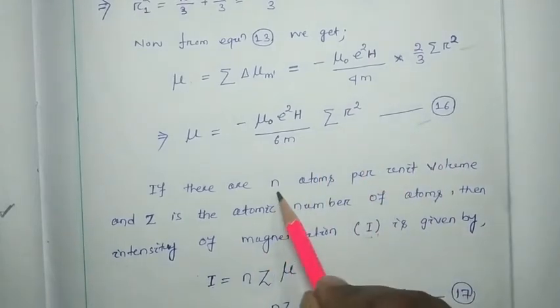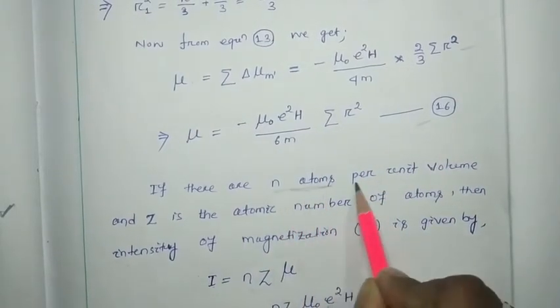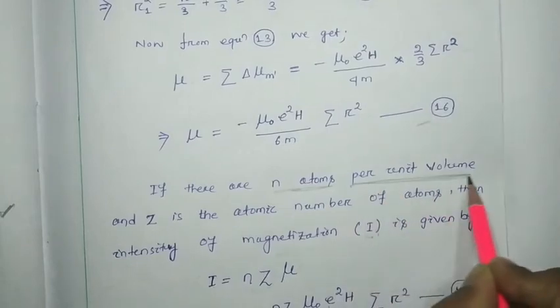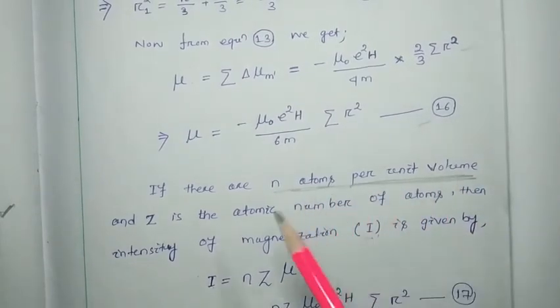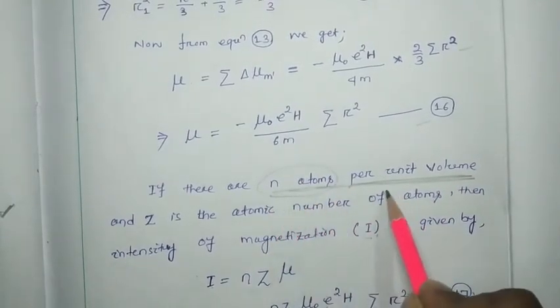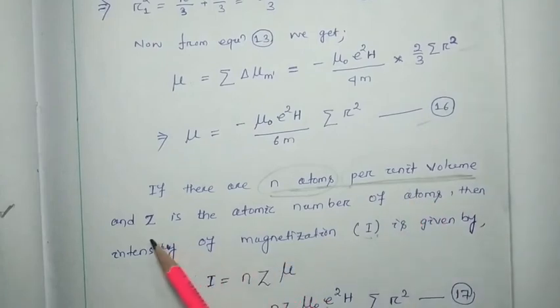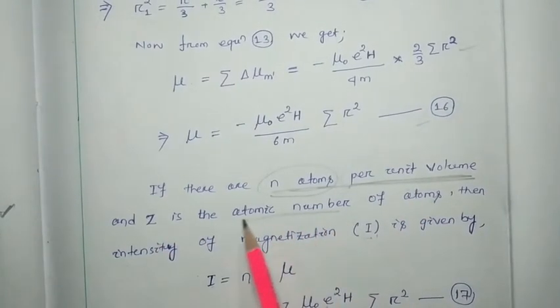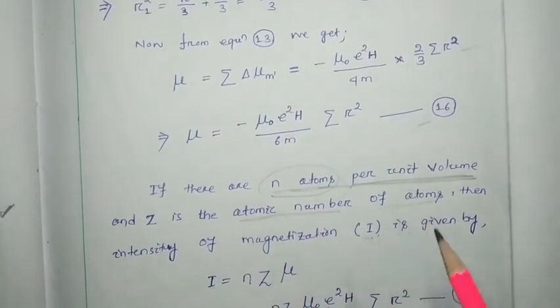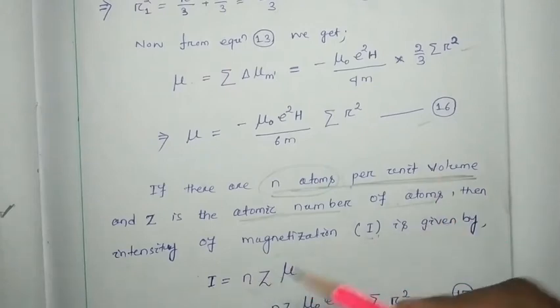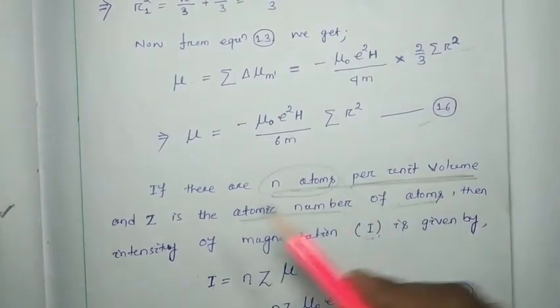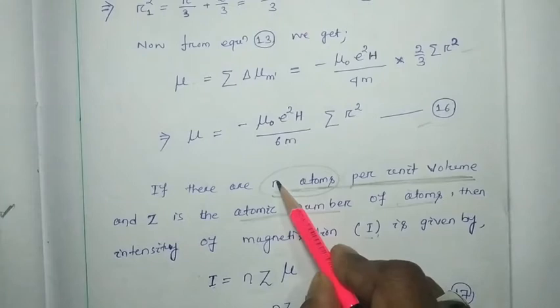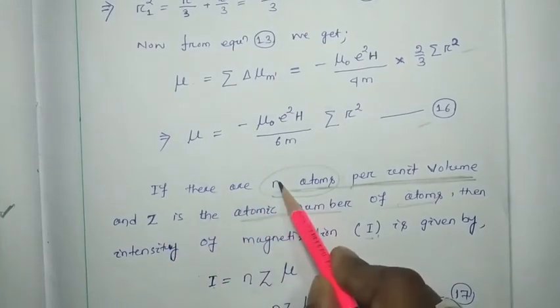Now, if we consider n number of atoms per unit volume, listen carefully, and Z is the atomic number of the atom, that means how many electrons can you get? Z into n.